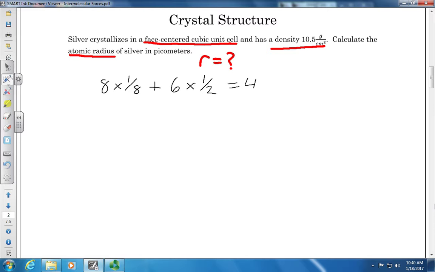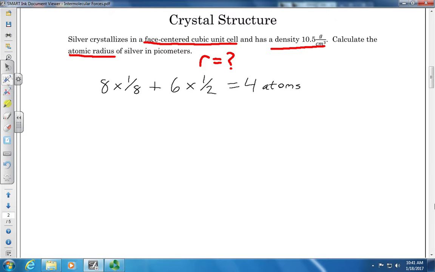Therefore we have 4 total atoms. So that is what we can gather from our face-centered cubic unit cell. The other thing we're going to get from it is the formula for area with respect to radius. But we will come to that near the end.